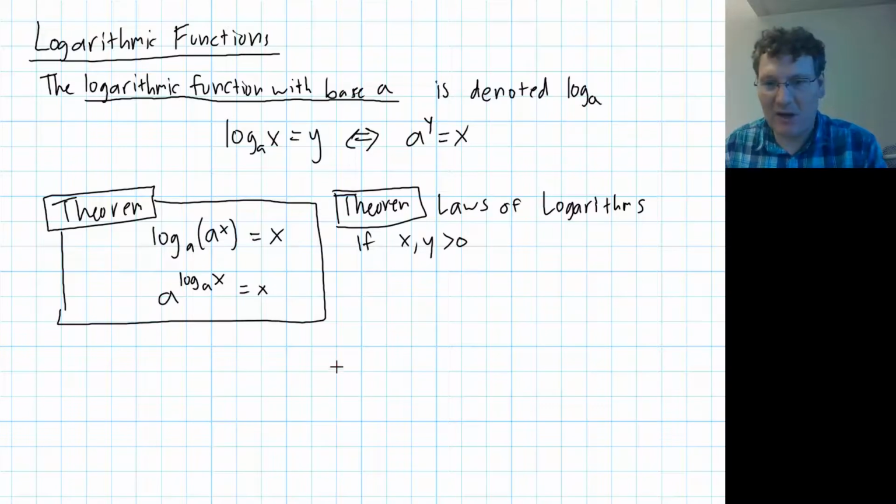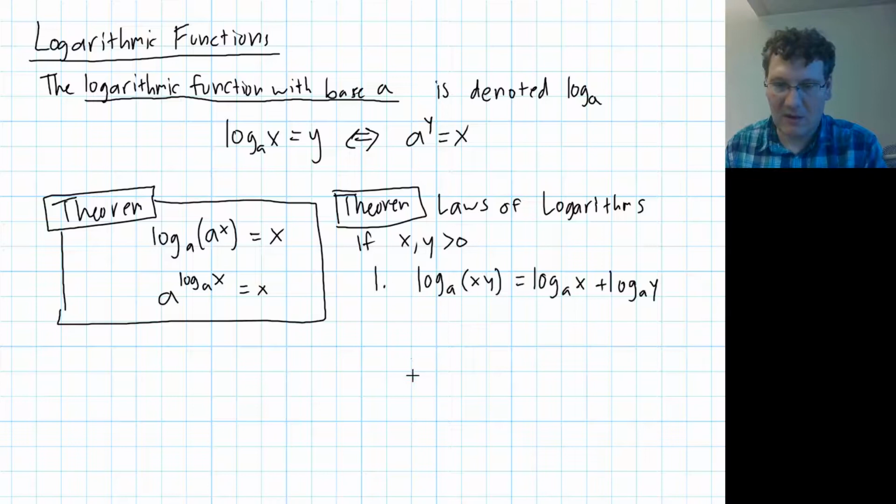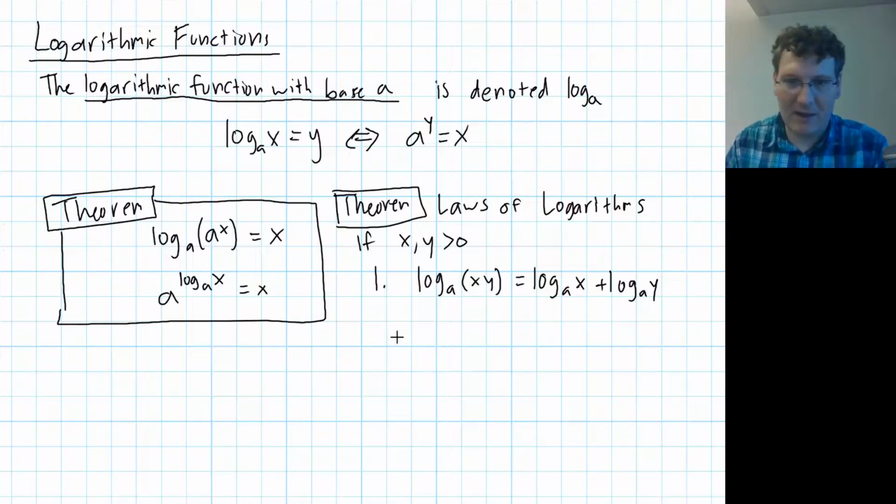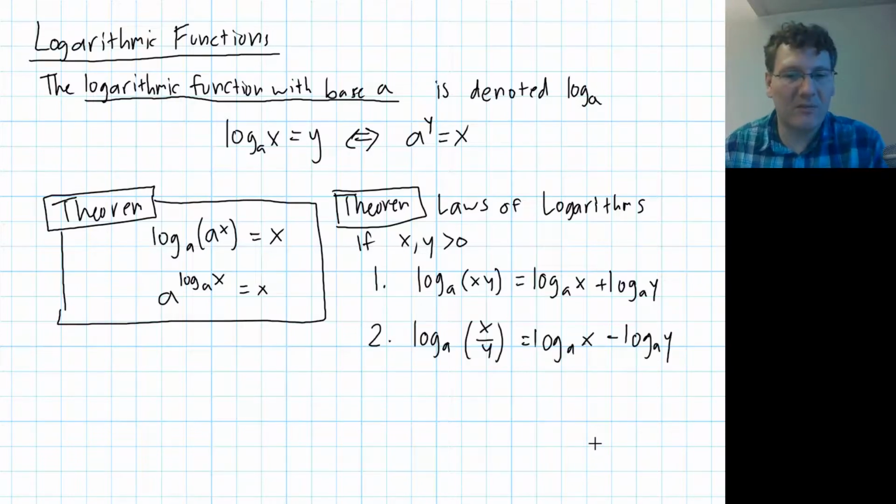As long as x and y are positive, here are some properties of logarithms. First off, the logarithm base a of a product x times y can be split into the sum of two logarithms, log base a of x plus the log base a of y. Secondly, the logarithm of a quotient is going to be a difference of two logarithms. So log base a of x over y is log base a of x minus log base a of y.